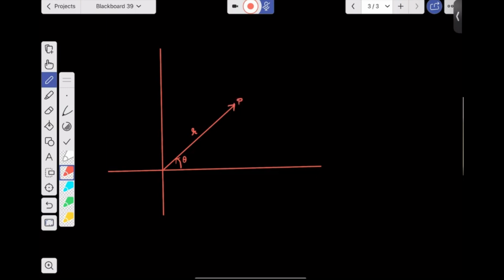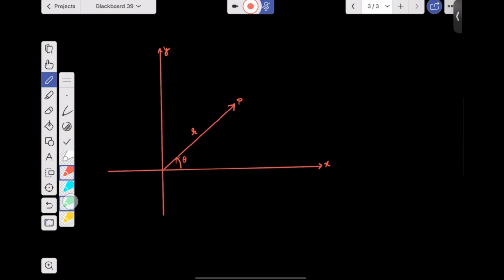Suppose that point is moving in this xy plane, what all things can happen? R can change, theta can change, or both can change. Is it not?